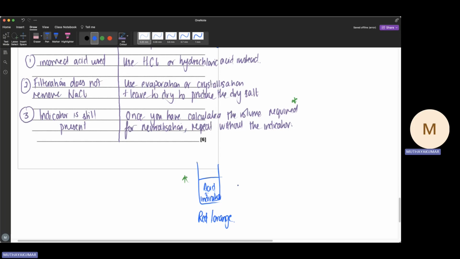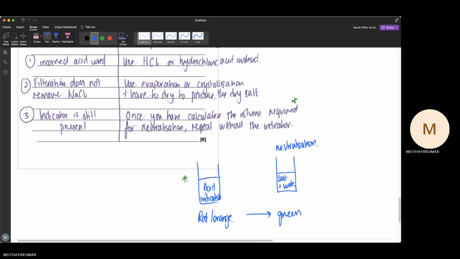When you start adding the base, this color will start to change and you will approach green, at which point we know we have hit neutralization. So this tells you you've added just the right amount of base in order for your reaction to go from acid plus base, or your sodium hydroxide, to forming your salt and water.